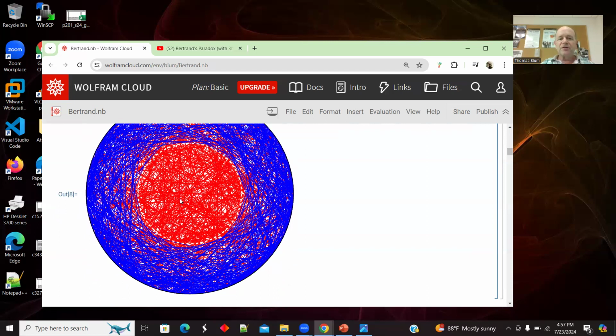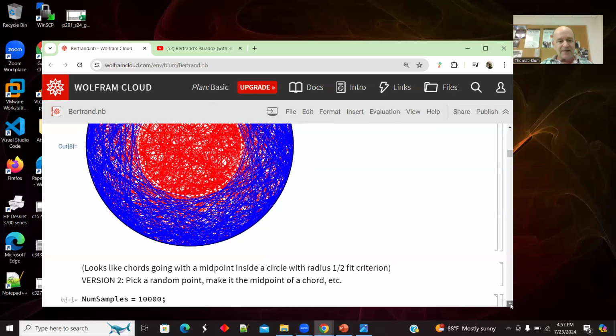And so I can sort of draw a point, imagine this is version 2, but this picture of version 1 leads us to version 2. We can see this inner circle with the radius that's half of the other one playing a role. And so that's what version 2 does.